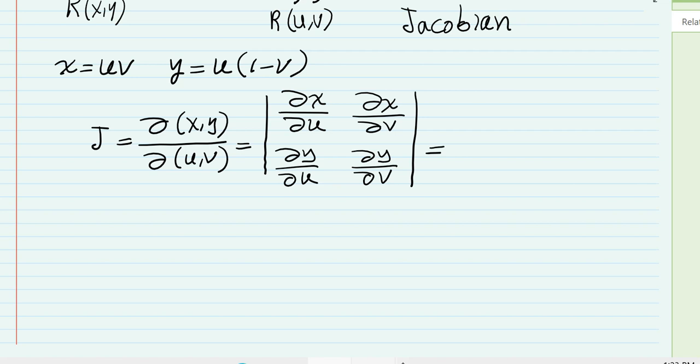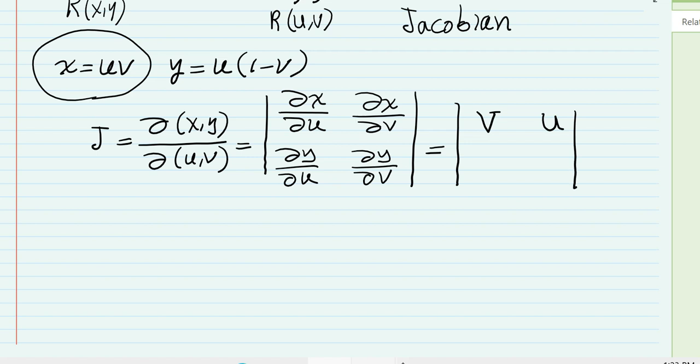So we need to take the partial derivative of x with respect to u. If you look at this right here, when you take the derivative of x with respect to u, we're going to have v. And if you take the derivative of x with respect to v, we simply get u. Then we do the same thing with y. The partial of y with respect to u is 1 minus v, and the partial of y with respect to v is negative u.